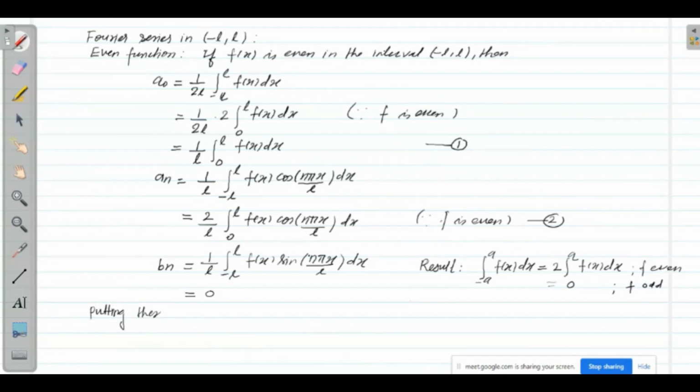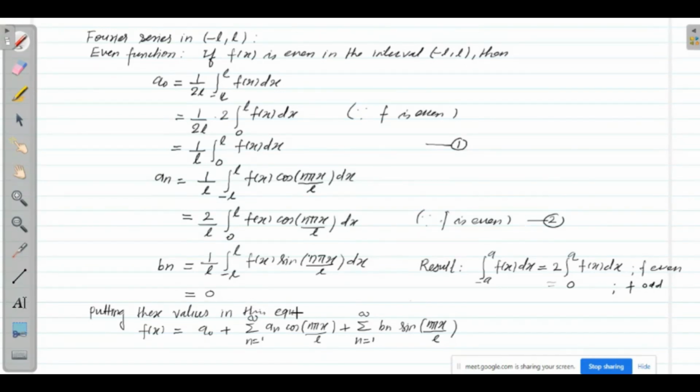Putting these values in the following equation: f of x equal to a naught plus sum running from n equal to 1 to infinity an cos n pi x by L, and plus sum running from n equal to 1 to infinity bn sin n pi x by L. You have to put them in this equation. Okay, this is the required result.